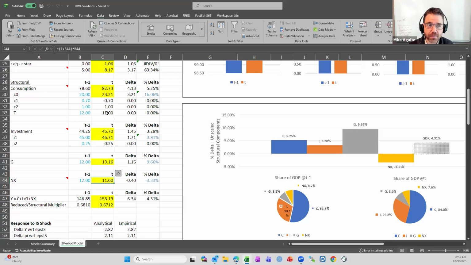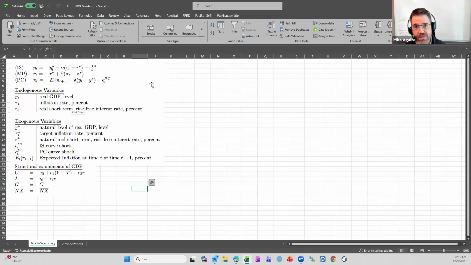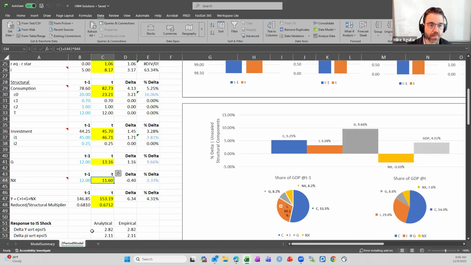So how do we connect them? C0, I1, G, and X are all going to be on the demand side. So what equation in our model captures the demand side? That's going to be IS. So we have an IS shock, epsilon IS shock. What we need to do is take all of those four moving pieces and summarize their movements into epsilon IS.